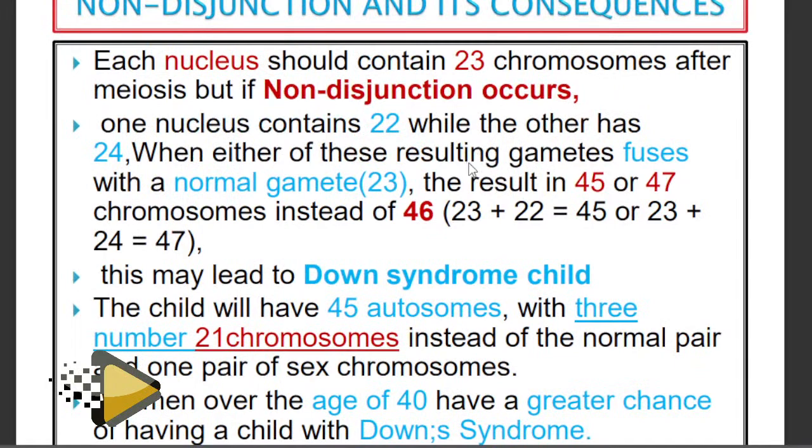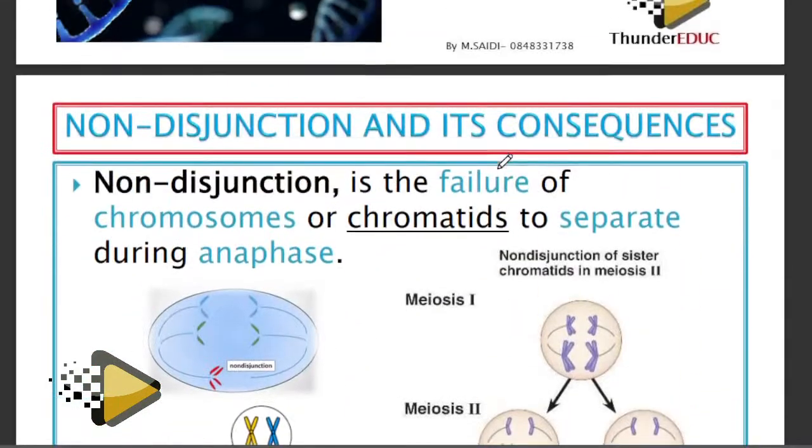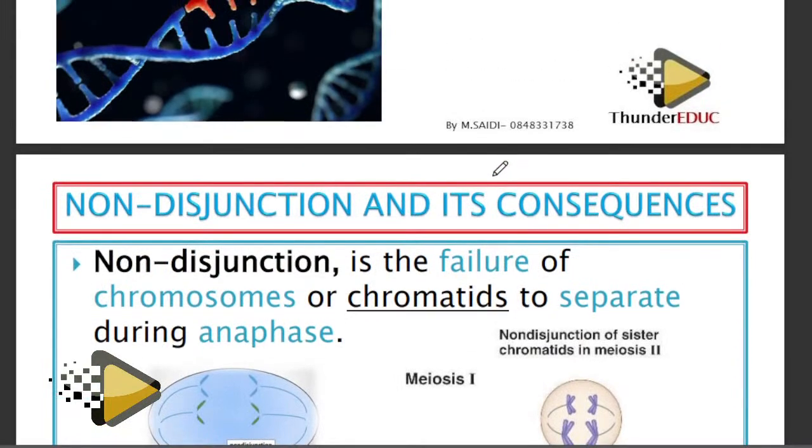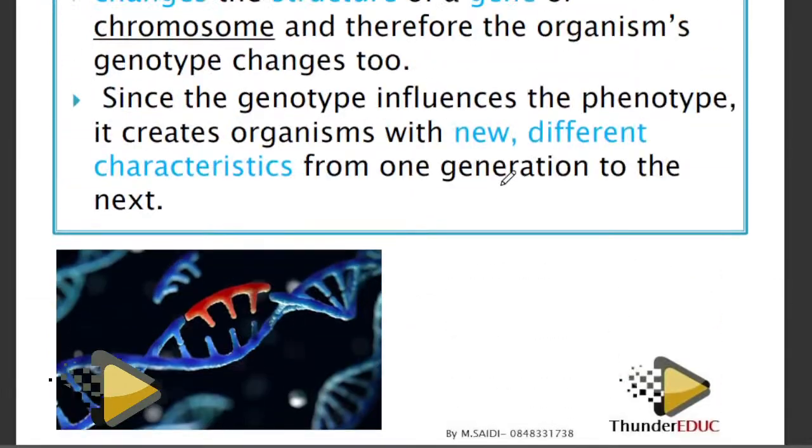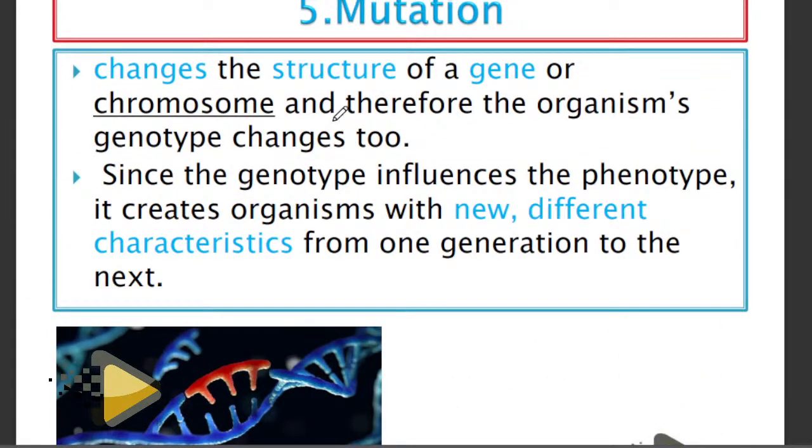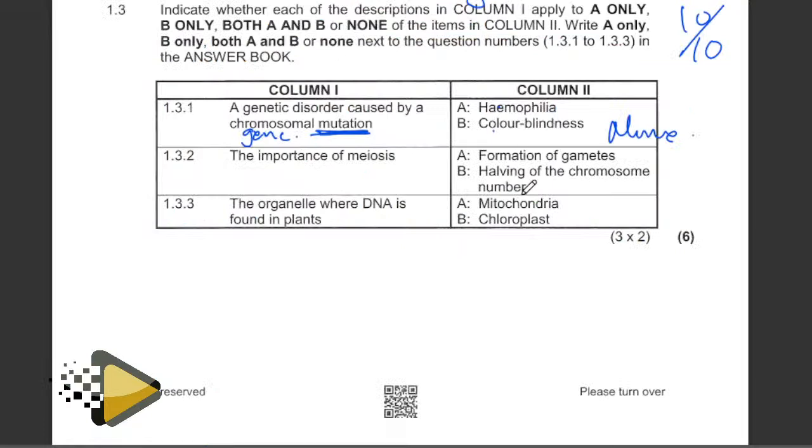When you change the number or the structure of the chromosome, we call it chromosomal mutation, or chromosomal aberration. But if you just change the base, then we call it gene mutation. So these two are gene mutations, as a result of exchange of a specific base.